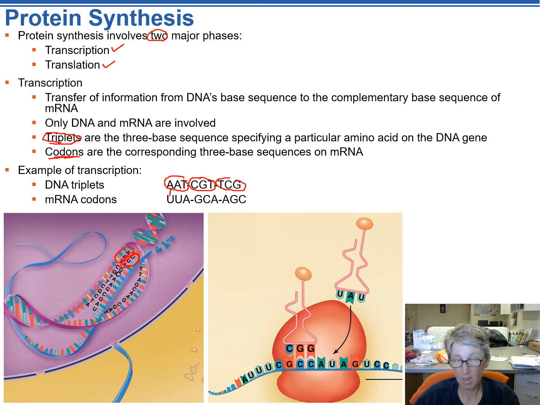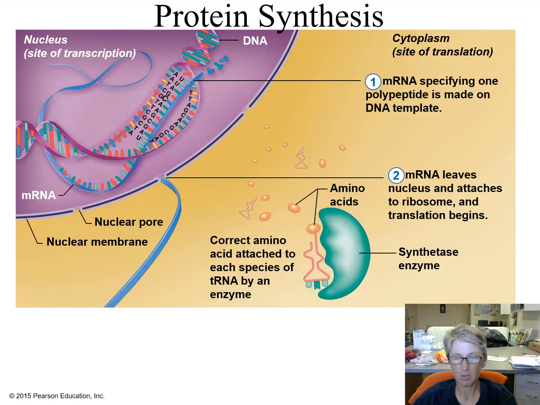So an A has a complementary binding agreement with U, A with U, T with A, etc. So the codons, you could also call them triplet codons if that helps you remember that it is a triplet sequence. And that's basically the genetic code of life. That's kind of cool.